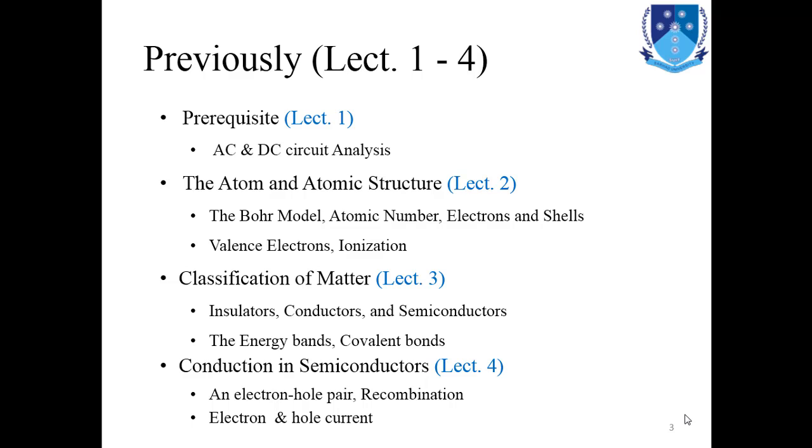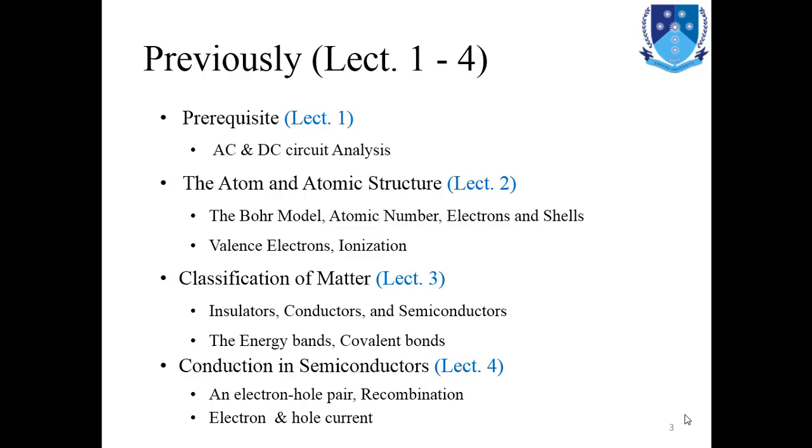Then in lecture number 4, we started by discussing the current in semiconductor material, or simply conduction in semiconductor material. We discussed what a hole is and what an electron is. The electron-hole pair is composed of a free electron and its vacancy in the valence band, which is termed a hole.